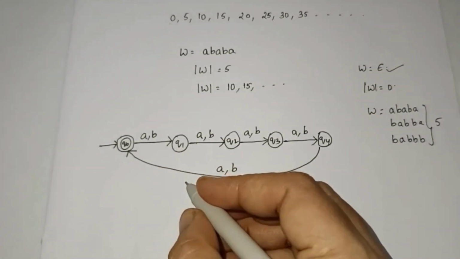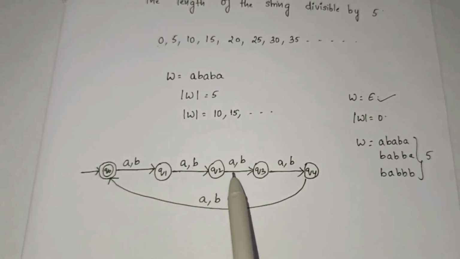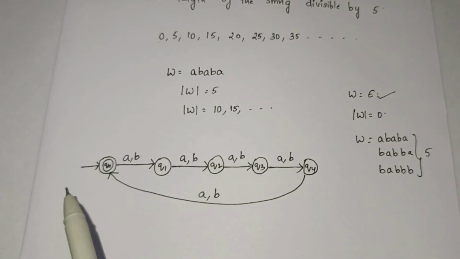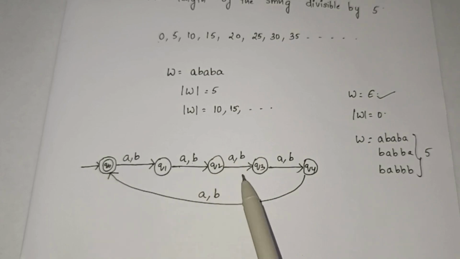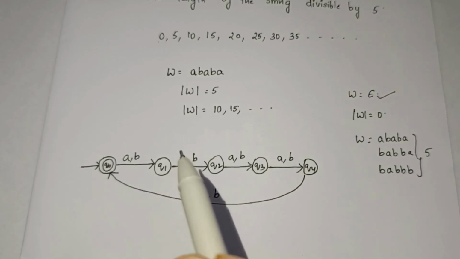If I take a string like A, B, A, B, A, A, B, A, B, A, there is no restriction that A should be at the beginning or B should be at the beginning. No need to worry about that. According to the DFA, check that all the states have transitions with A's and B's: Q0, Q1, Q2, Q3, Q4. Hence this is our DFA which accepts strings whose length is divisible by 5.